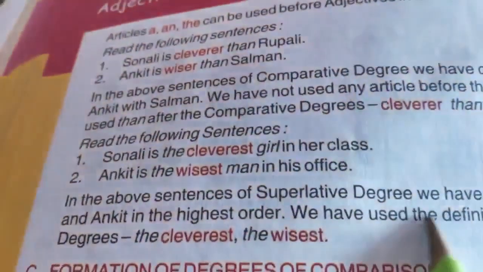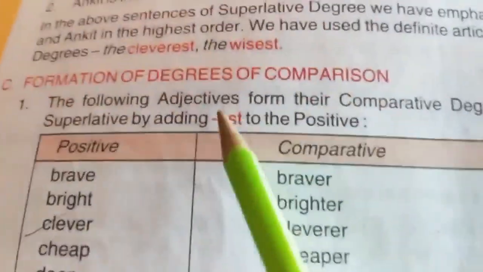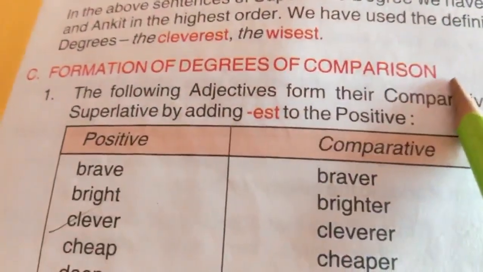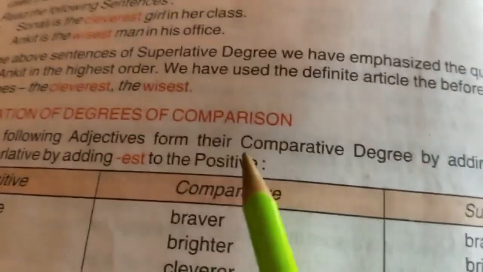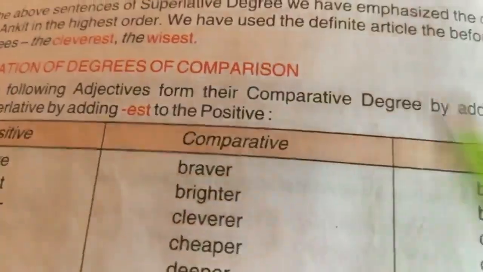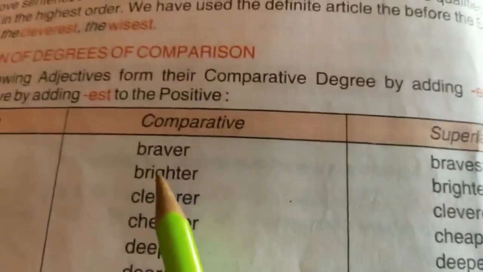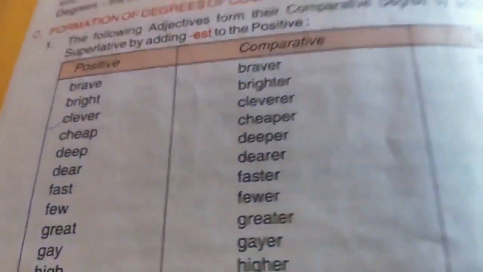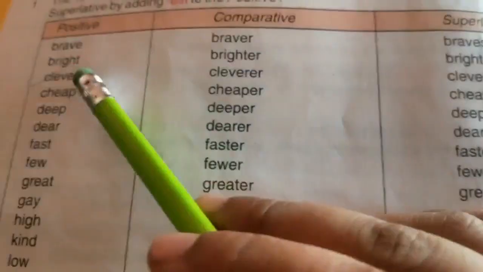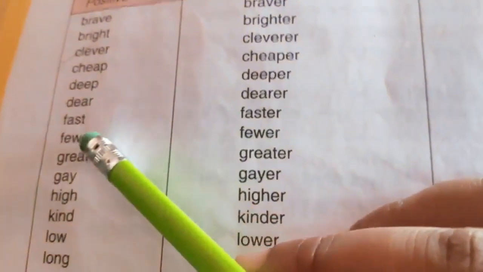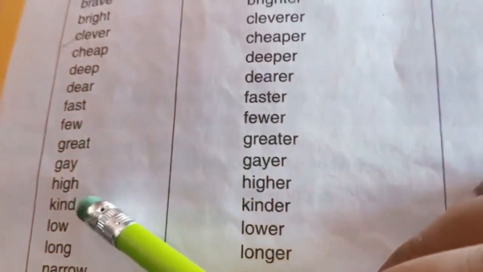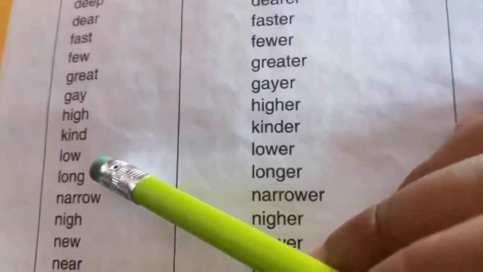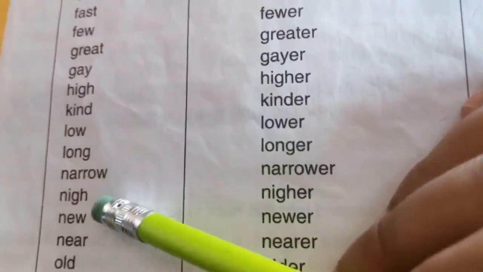Now, see the formation of degrees of comparison. Simple, for making a comparative degree, we use ER and for superlative EST, for the first rule. So in this first rule, see the words: brave, bright, clever, cheap, deep, dear, fast, few, great, gay, high, kind, low, long, narrow, nigh, new.